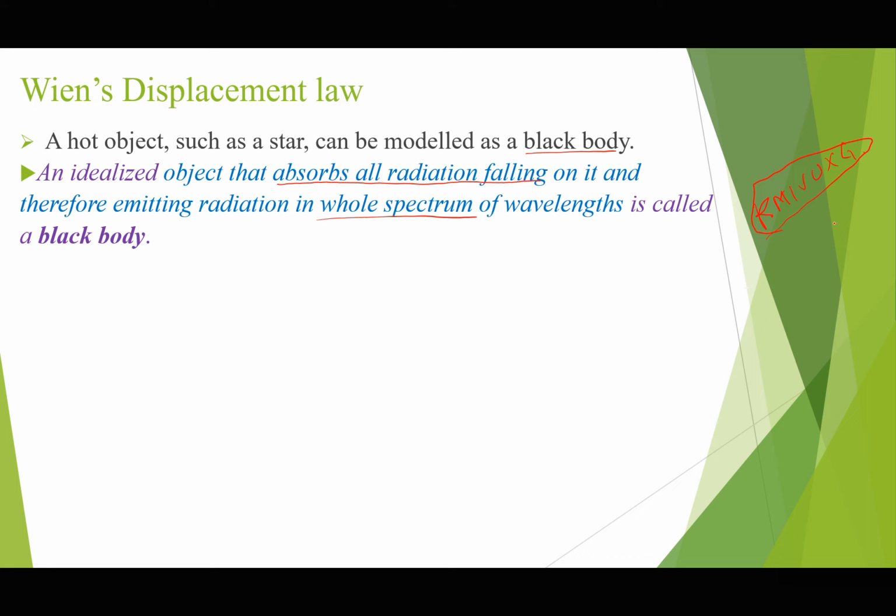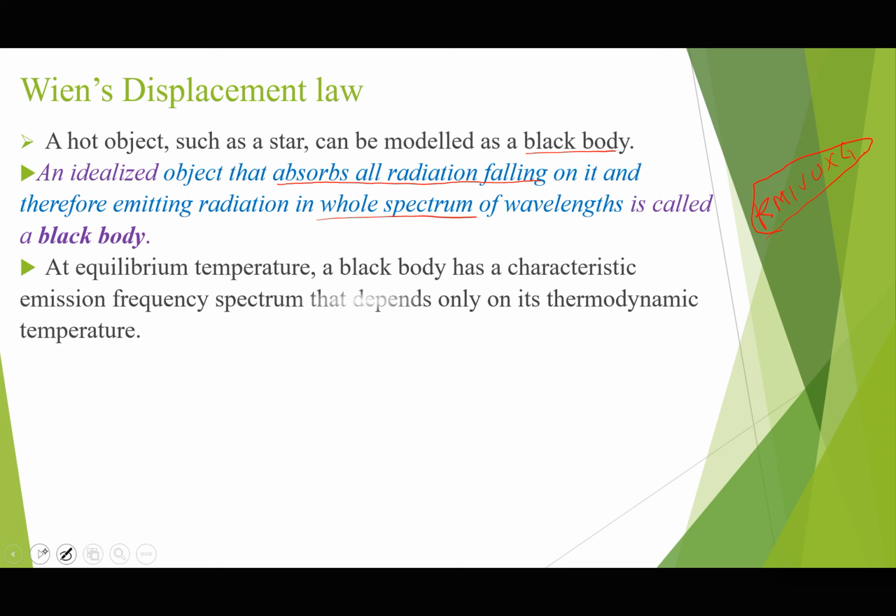That's what we call a black body. It absorbs all radiations falling on it and therefore emits radiations in a whole spectrum of wavelengths. It doesn't necessarily need to be black in color.